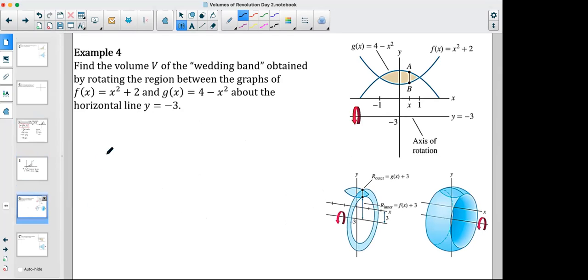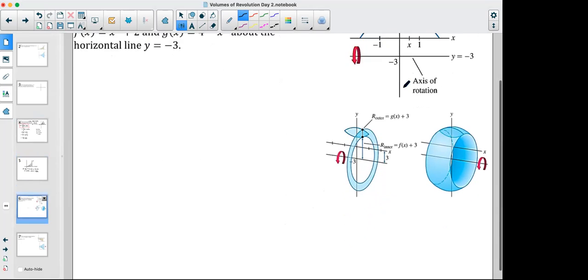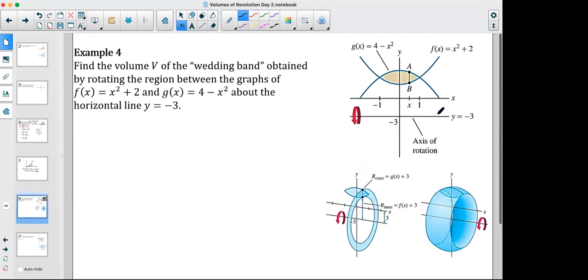This is one where we're rotating this little region between these two curves, 4 minus x squared and x squared plus 2. We're spinning this around the line y equals -3. Again, I think it would be helpful if you think of this as a formula.